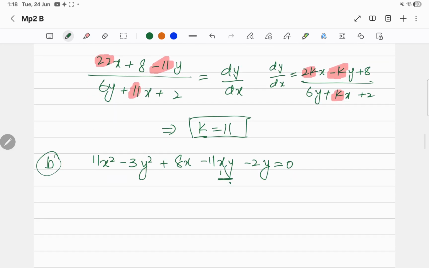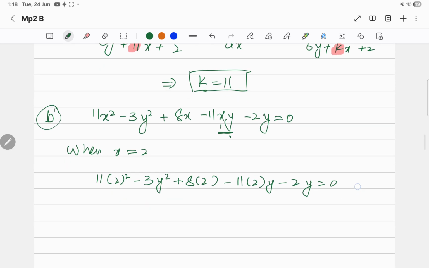So if you replace your x with 2 over here, it will be 11 times 2 squared minus 3y squared plus 8 times 2 minus 11 times 2y minus 2y equals 0.